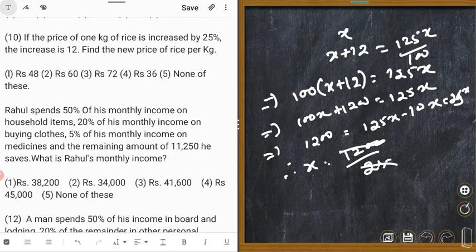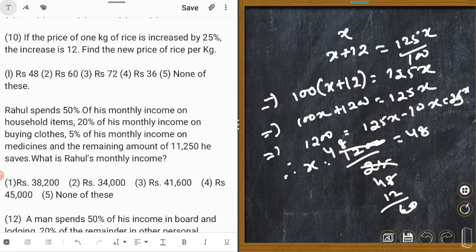Tell me, for the 25, 4 the, 48. New price is equal to 48 plus 12 is equal to 60 rupees.